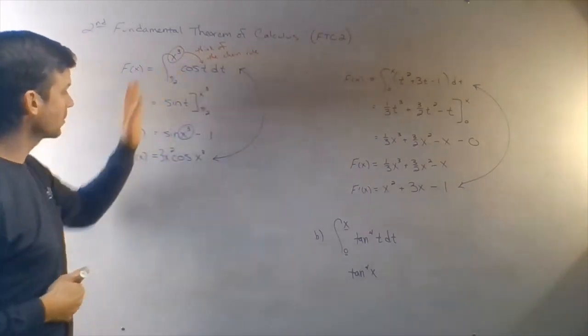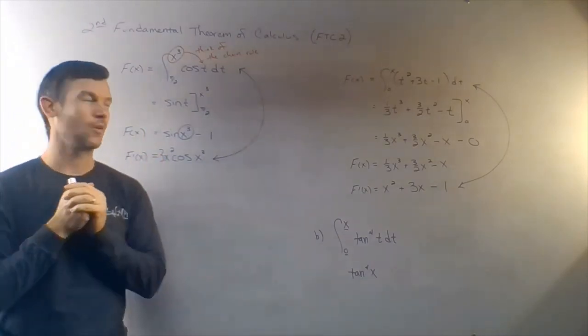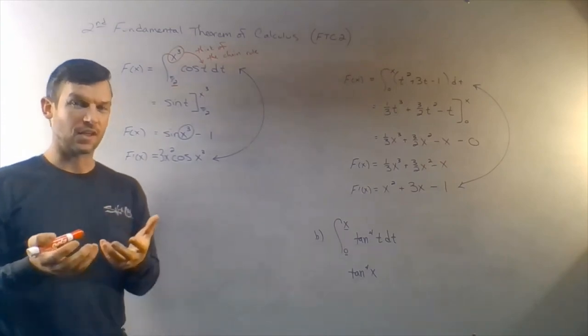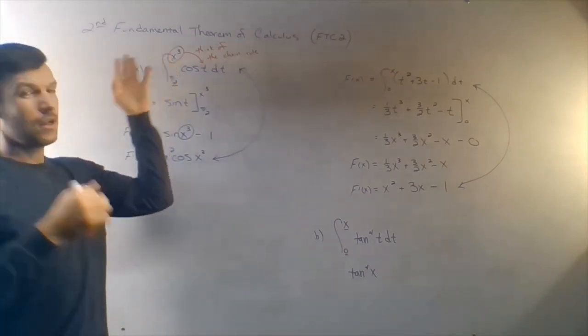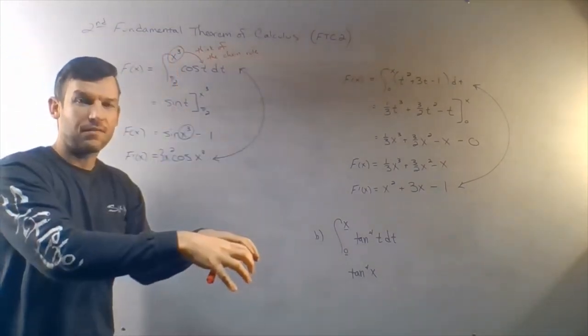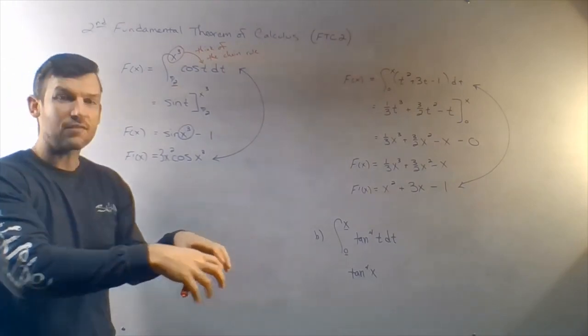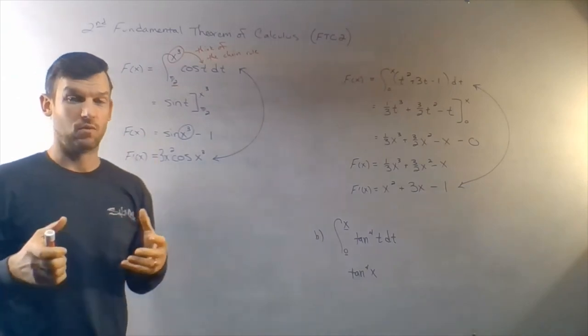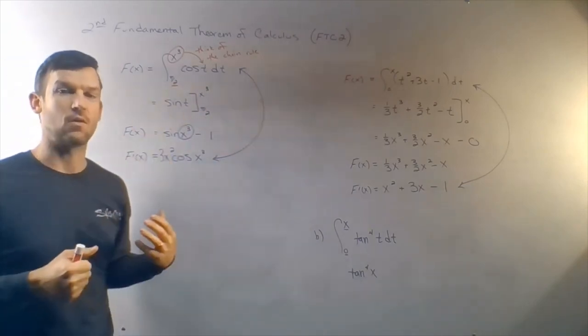If I multiply by 3x squared, I got my answer. So we did have our constant down here. That's what's required for the second fundamental theorem. And then not only do I plug that function in, I also have to multiply by the derivative of that function because of the chain rule, because of what's actually happening in that work.